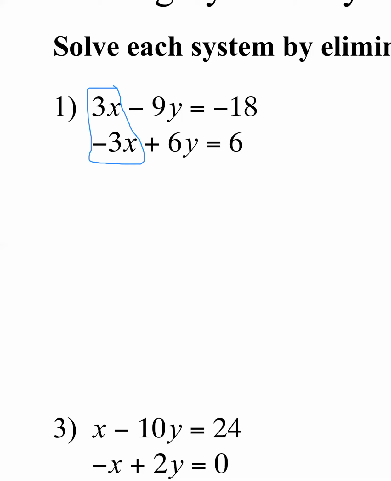That's exactly what I want. I want a pair of opposites, and it could be the x's or the y's. See, my y's are not a pair of opposites right now. I have a negative 9y and a positive 6y. If it was a negative 9y and a positive 9y, okay, that would work. But it doesn't matter. I only need one of them to be opposites. And in this case, they are already.